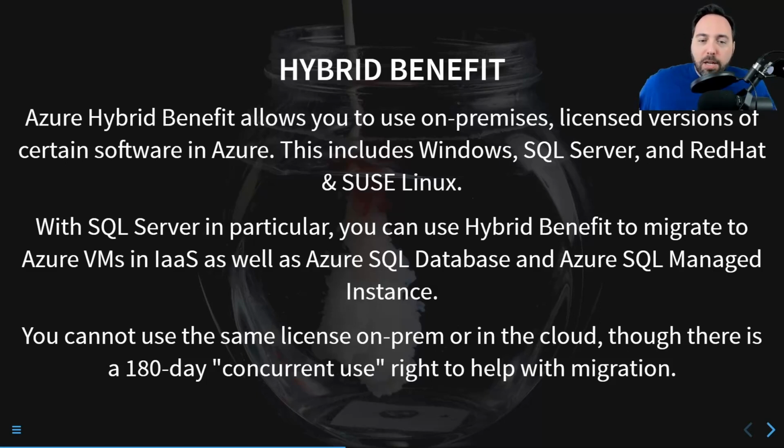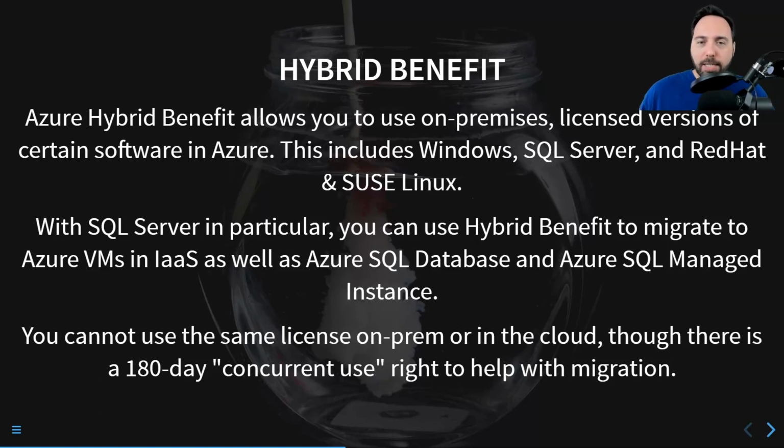The trick is you can't use the same license both on premises and in the cloud. So if you have, say, 20 vCores of licensing for SQL Server, you can apply those to a VM in Azure, and for 180 days, there is this concurrent use right.